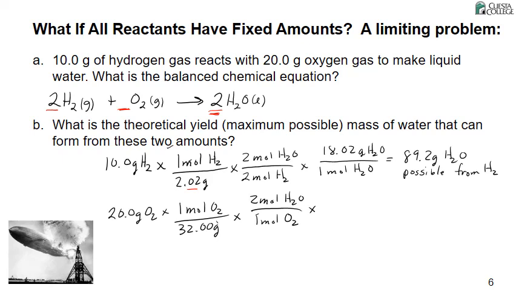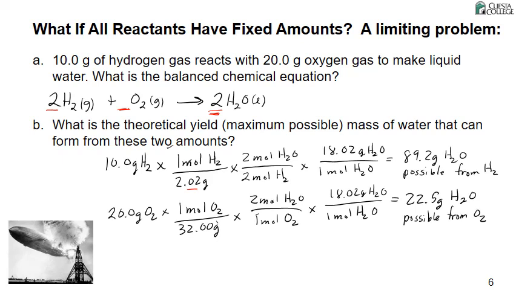And then once the number of moles is known, that can be converted to mass of water, just like before. And that calculation yields 22.5 grams of H2O. That's possible from the oxygen gas.